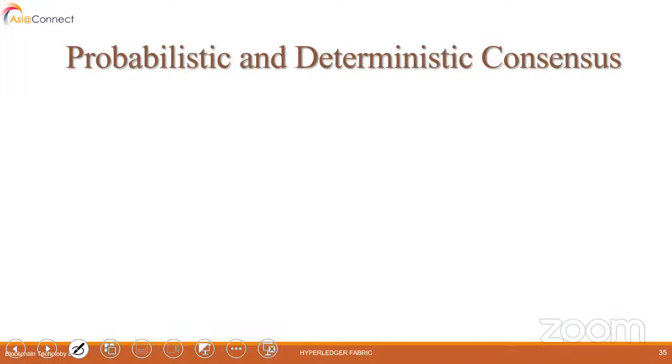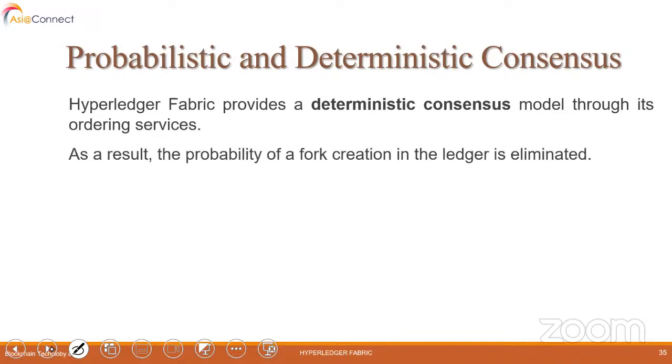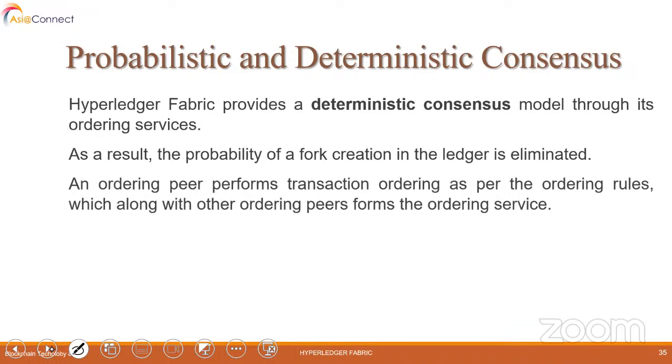But in a deterministic consensus mechanism, this is eliminated, because business people, companies like IBM or Mitsubishi, would not like to keep something pending for a long time. So Hyperledger Fabric provides a deterministic consensus model through its ordering services. As a result, the probability of a fork creation in the ledger is eliminated.